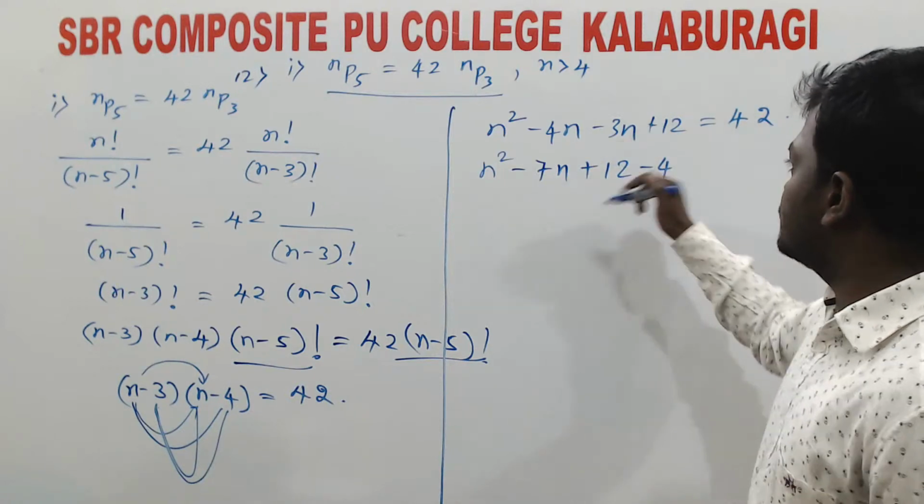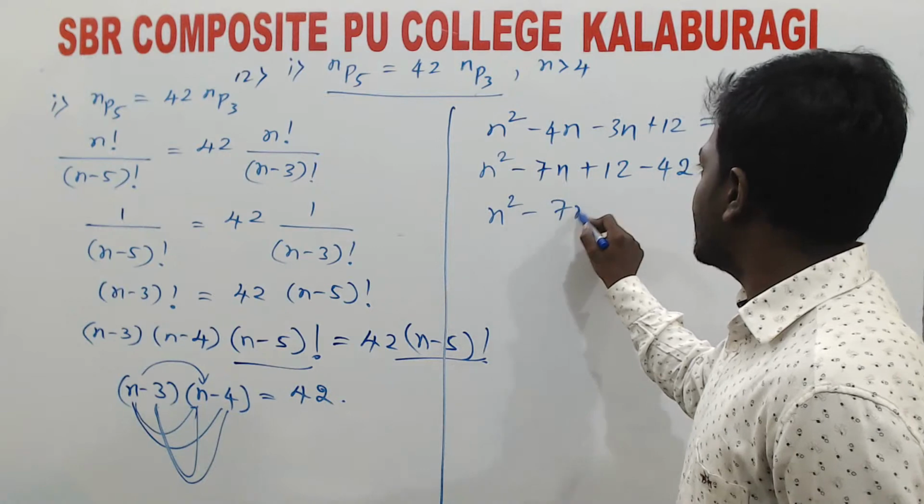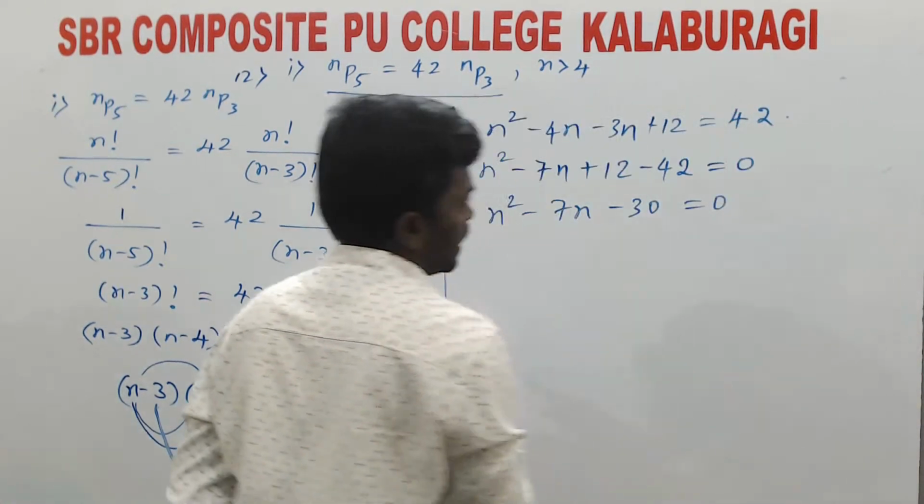Shift the 42 to this side: n square minus 7n minus 30 equal to 0. Yes, students.